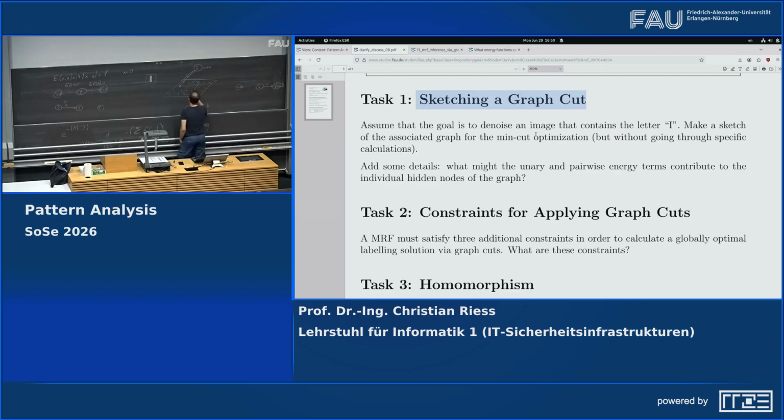So black pixels get an edge here with, I don't know, if we have the same cost function, it would also cost 4 to break this assignment of the black pixel to the node. Yeah? Okay.